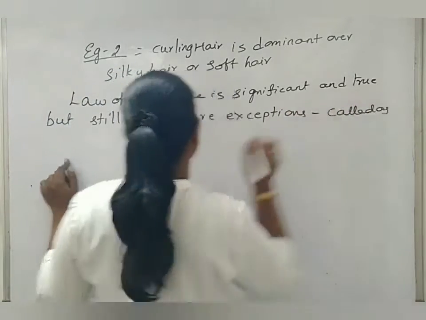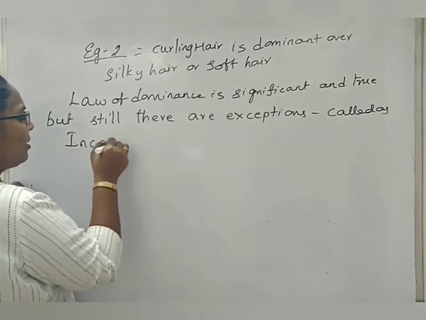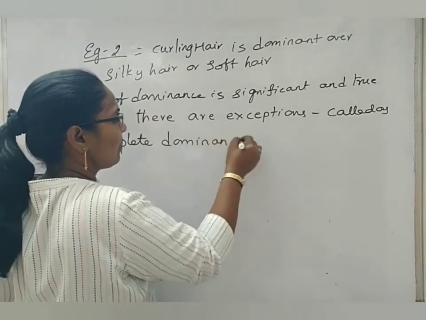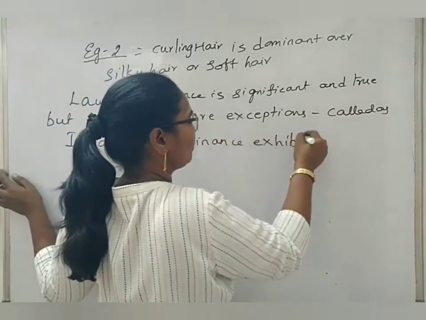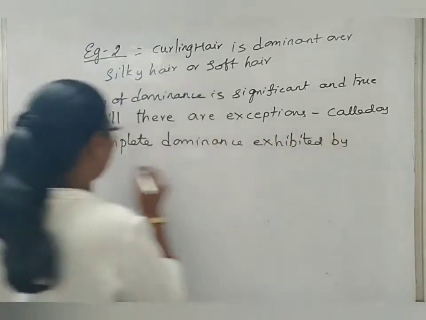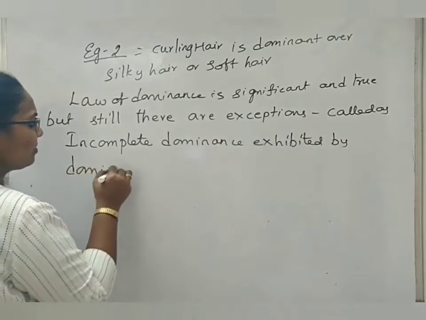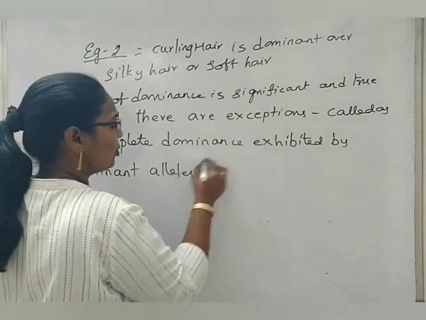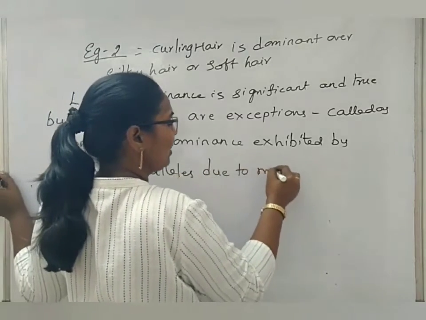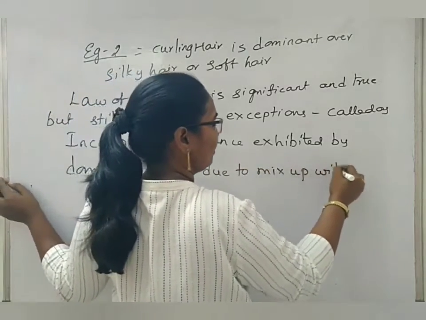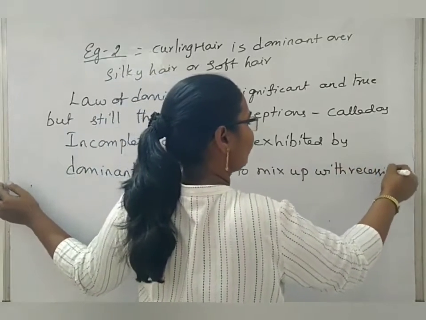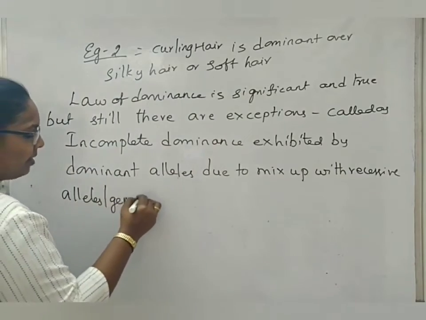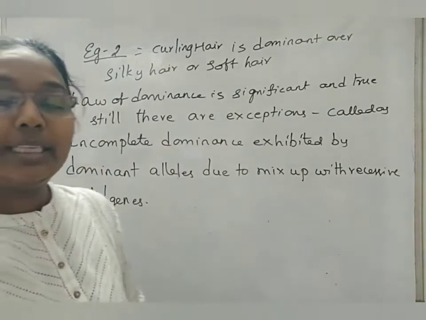These exceptions are called incomplete dominance, exhibited by dominant alleles due to mixing with recessive alleles or genes. So that is called incomplete dominance.